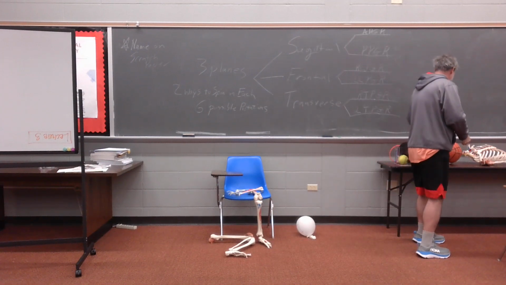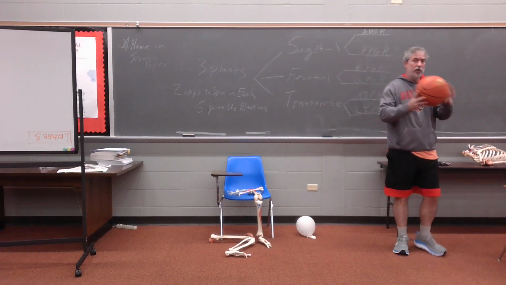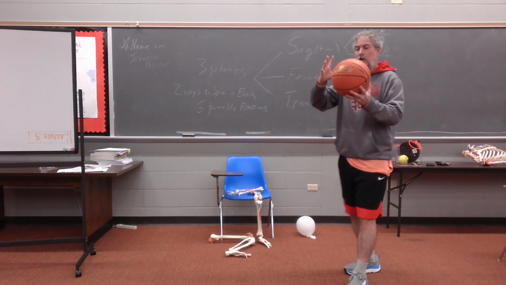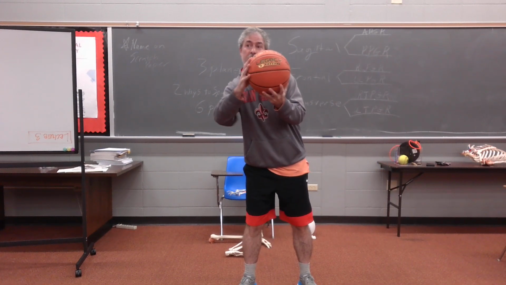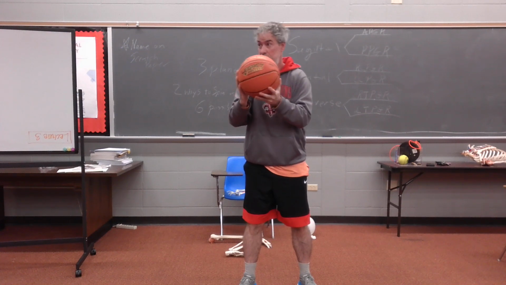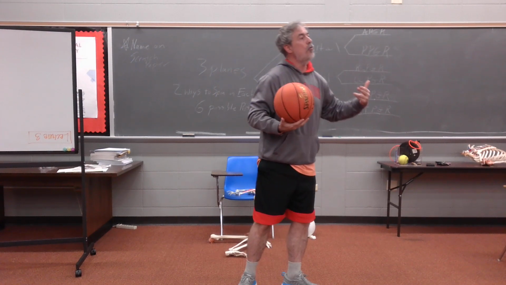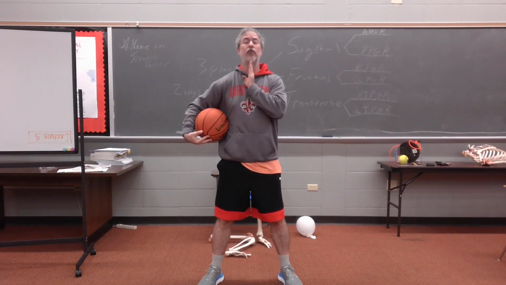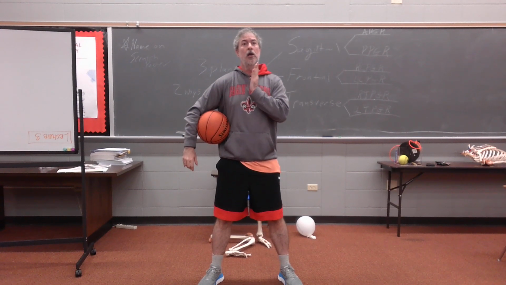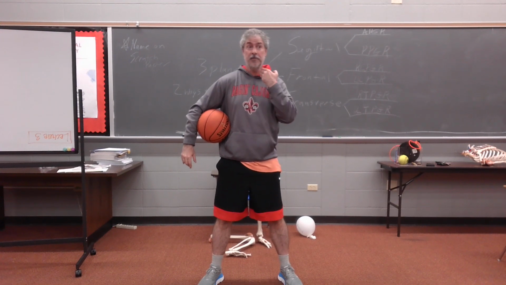The basketball, since it's one unit, in other words, it doesn't have appendages. I can't move just the right side of the ball without the left moving as well, right? So the verbiage of what we have one of is a little different. Similar, but a little different. We only have one cervical spine. It has a right side and it has a left side.